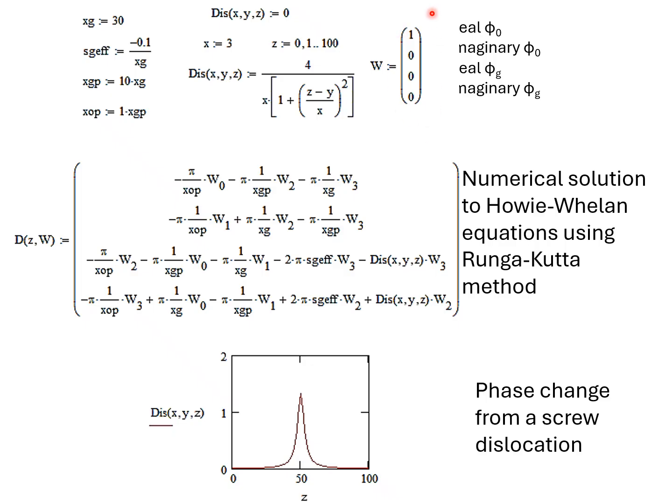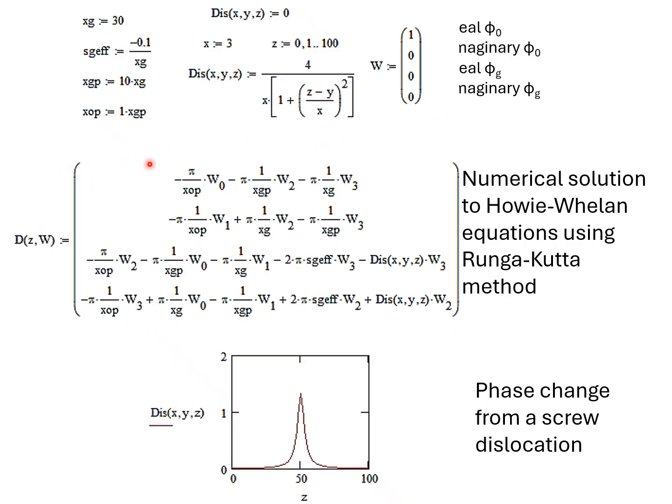Where this array here represents the starting conditions for the real part of the direct beam, the imaginary part of the direct beam, the real part of the diffracted beam, and the imaginary part of the diffracted beam. And within MathCAD, there is the Runge-Kutta routine.